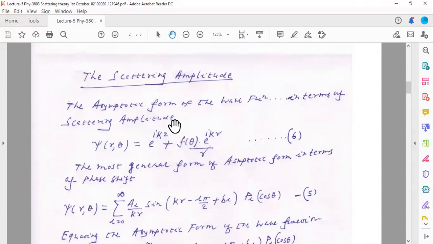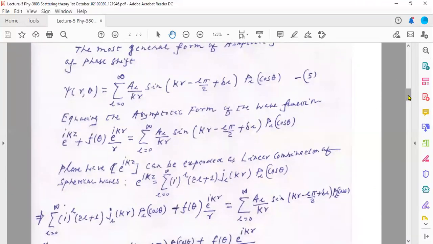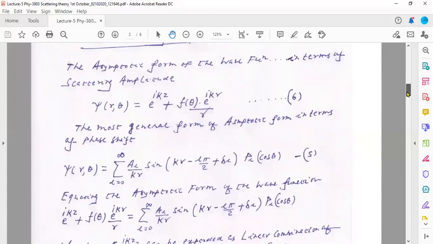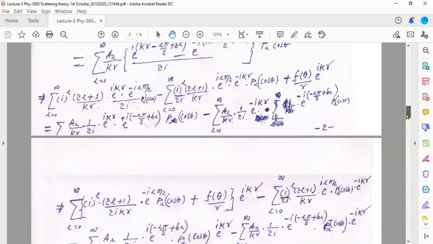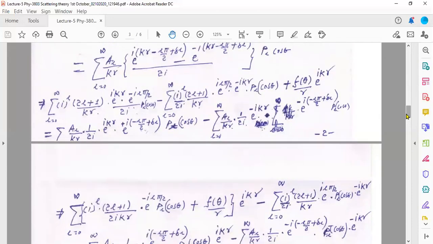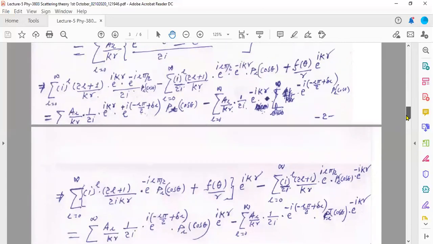We have compared these two equations, equation number 5 and equation number 6, and this is the expression we have derived. So now we will proceed further.